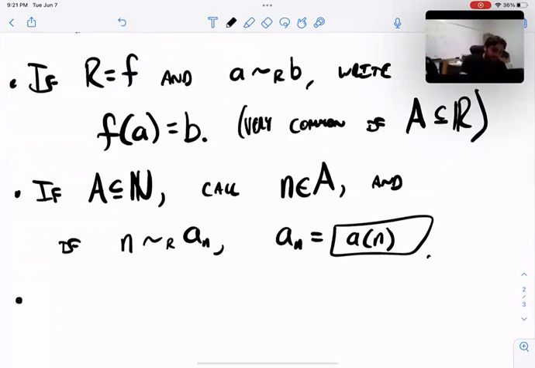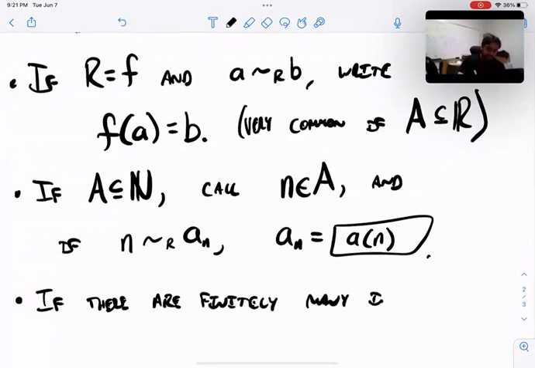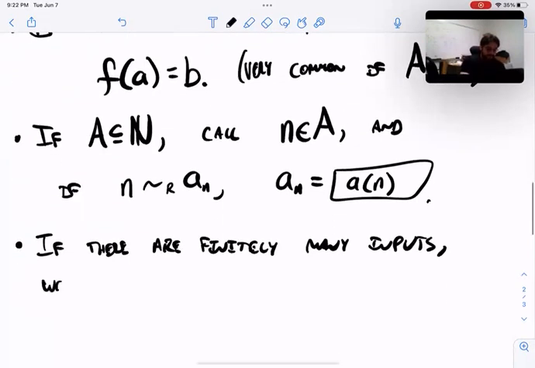There's also another common context, especially if there are only finitely many inputs. Then often we write a function in a table.